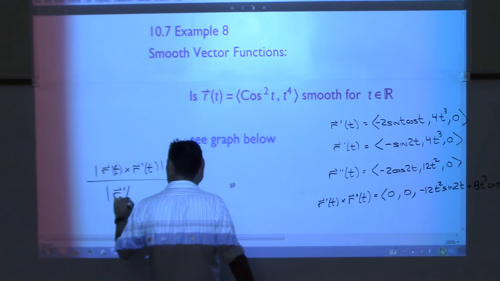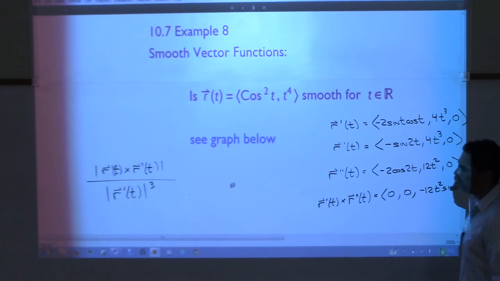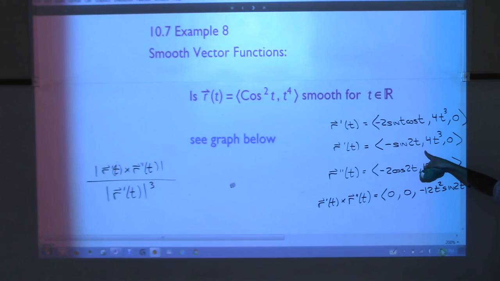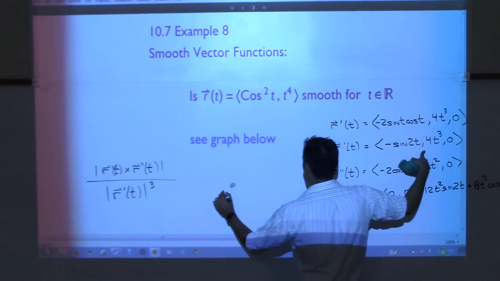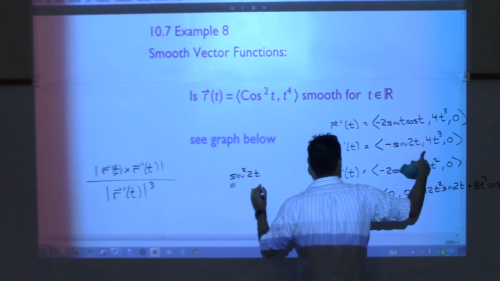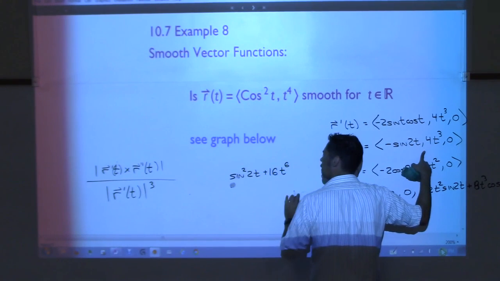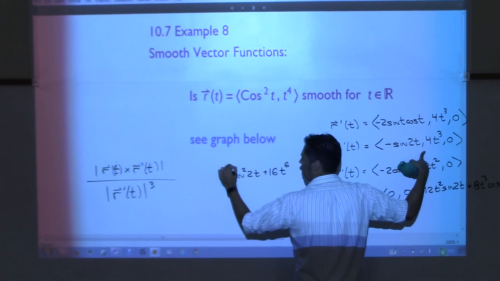Look at this denominator here. The magnitude of the first derivative cubed. So what's the magnitude of this? Sine squared 2t plus 16t to the sixth, right? And then what, square root?